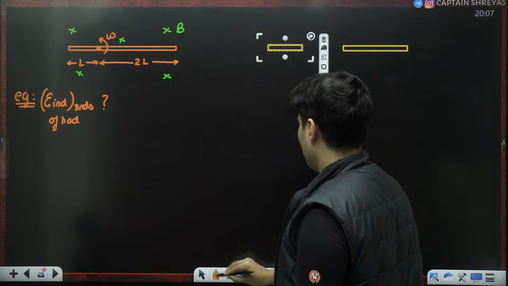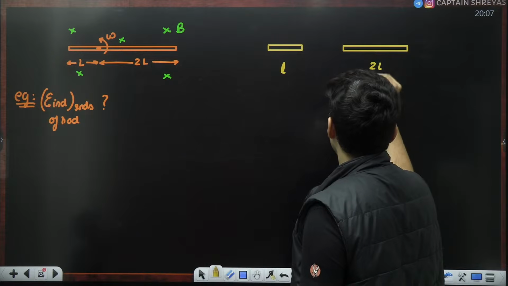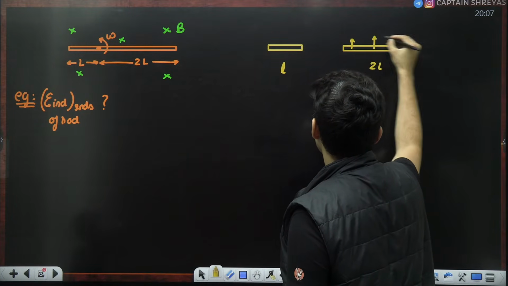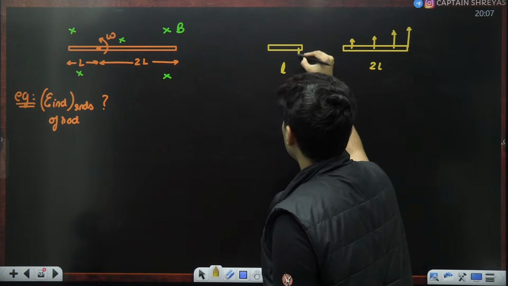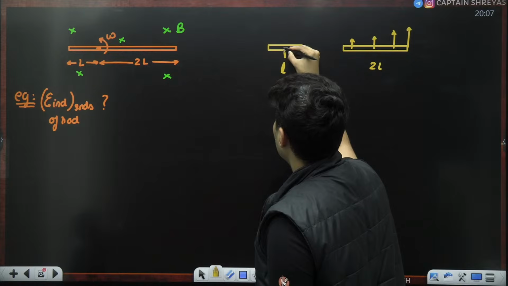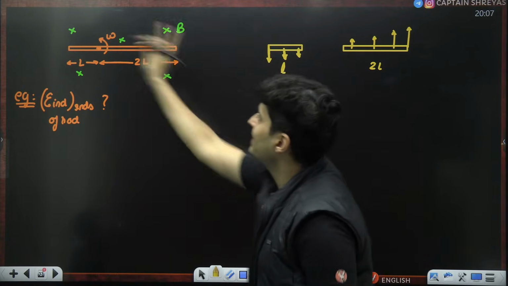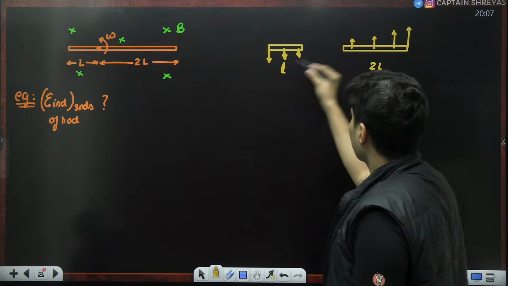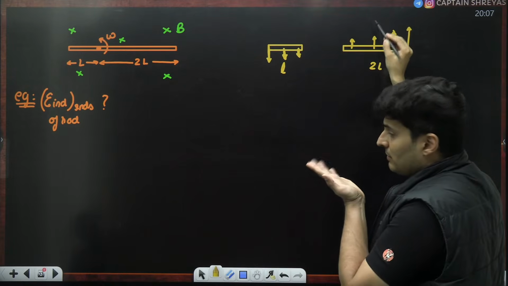This is length L, this is length 2L. Here the particles are going down like this because it is on this side of the center. Here it is on the right hand side of the center. Here the velocities are upwards.